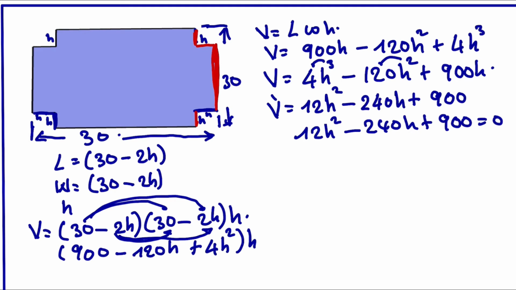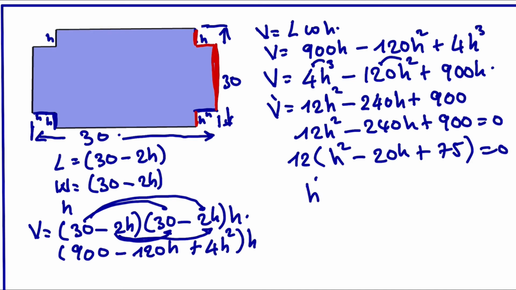We can factorize before solving this to make things easier. We can factorize 12 out, and we'll be left with h squared minus 20h plus 75 should be equal to 0. Now we can use the quadratic equation, or we can use factorization to get the value of h.